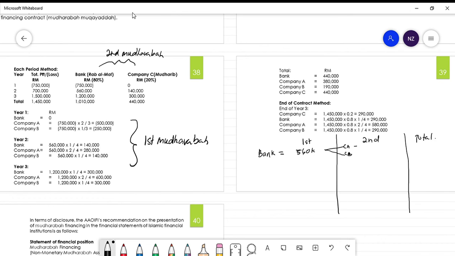So untuk second mudharabah, bank ni dapat tadi year 1 dia tak dapat apa sebab dapat loss kan. Okay. Sebab untuk first mudharabah, sorry, terbalik lah. Balik, sorry, terbalik, this is the second mudharabah, this is the first mudharabah.